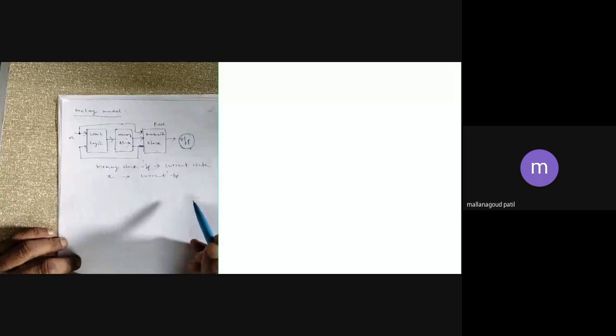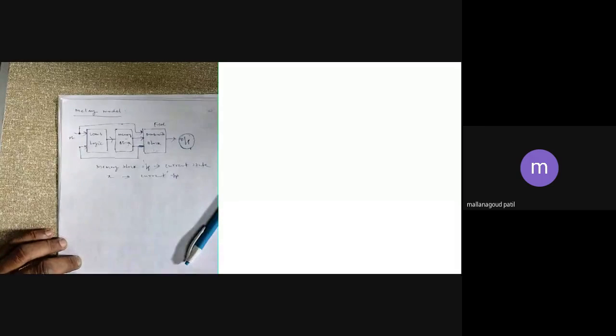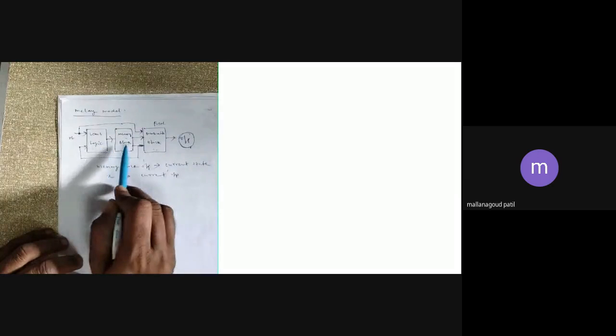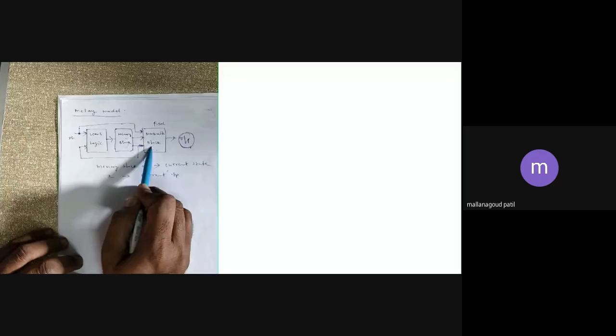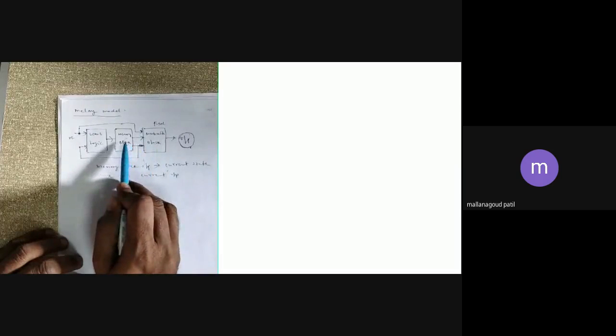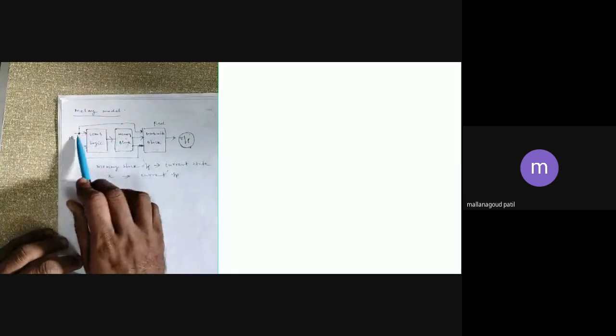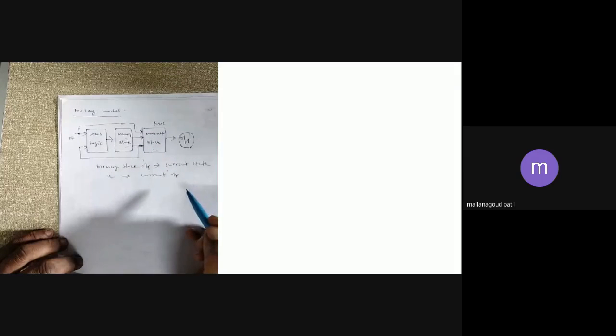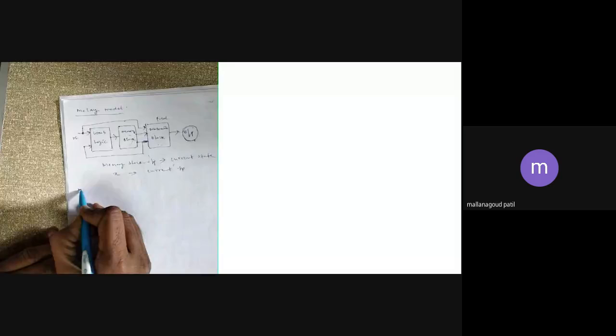Then such models you can name as a Mealy model. If suppose you have a combination block, then you have a memory block. Next, once again you have a combination block. That combination block is dependent on only memory, not on the current input X. Then such type of construction is the Moore model.